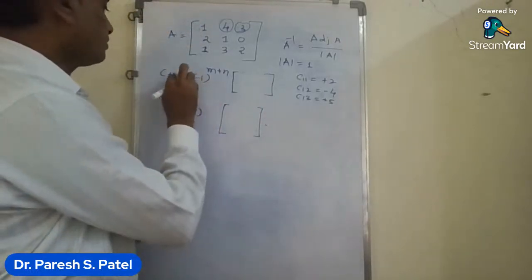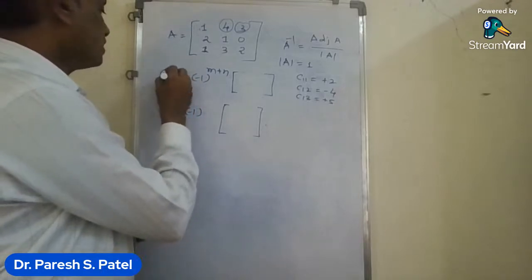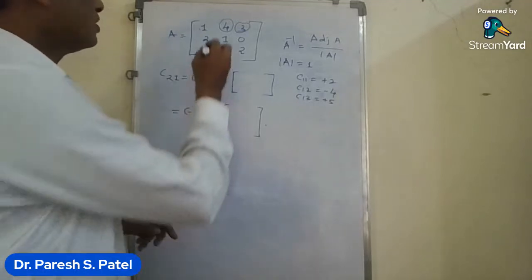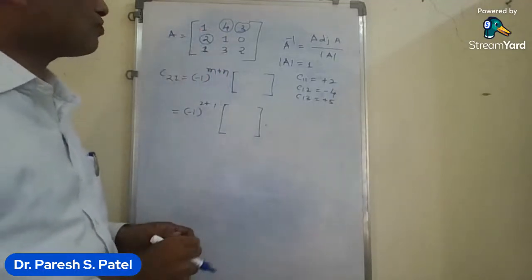Similarly, if you go for C21, it means minus 1 raised to 2 plus 1. This is the element of the second row and first column.